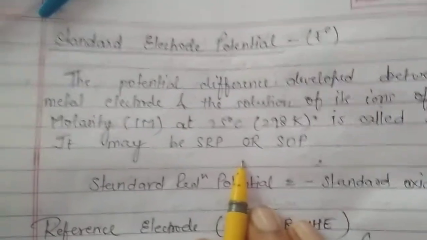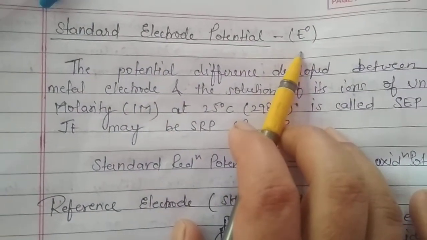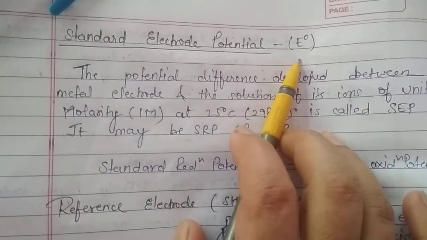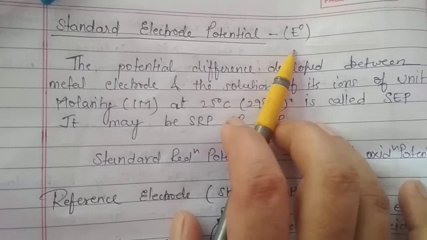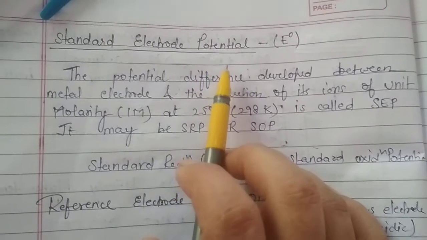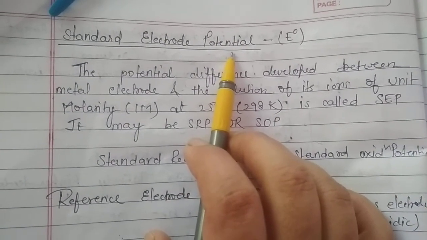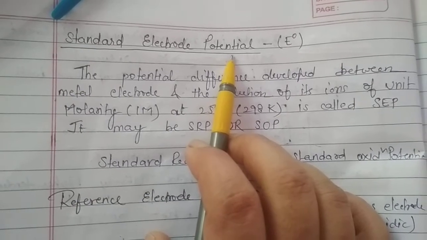So now let's see the standard electrode potential, which is denoted by E naught. So what is standard electrode potential? When we measure the electrode potential under standard conditions, the electrode potential is known as the standard electrode potential.